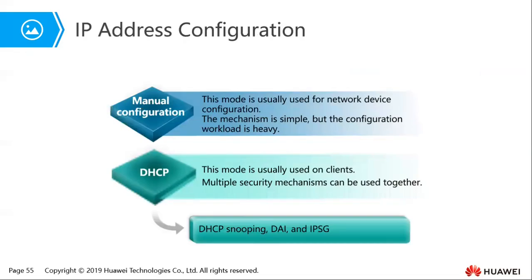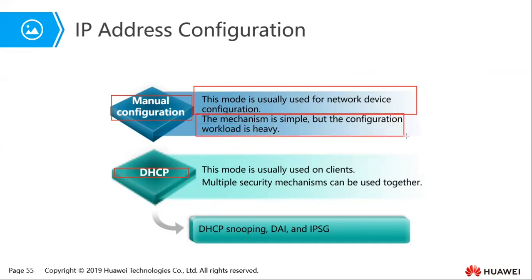So for IP configuration methods, we know that you can either do that manually or through a protocol called DHCP, which is also called dynamic allocation. Manual configuration is used for network device configuration. It is simple, but the configuration workload is heavy.